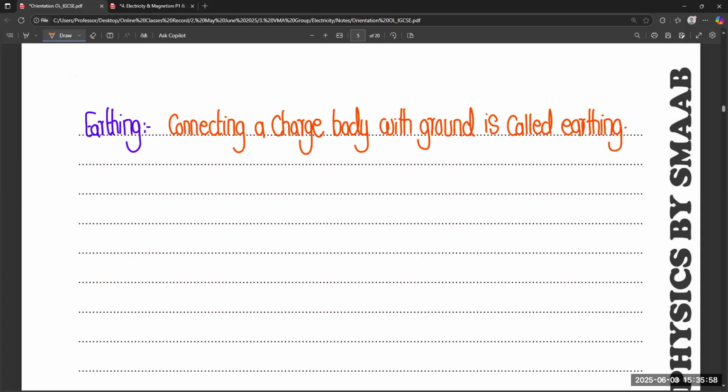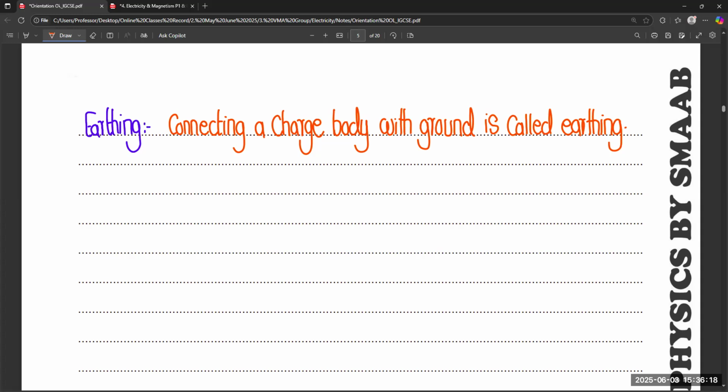Suppose we are using an electronic device, and if we touch that body we get a minor electric shock, so we need to connect an earthing wire to that body to ground the charges available on the object. For example, in a computer system with RGB lights and many components connected, there is a chance of charge building up on the body.